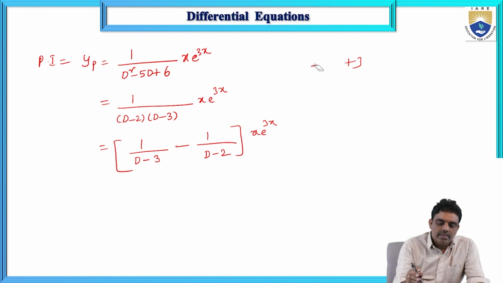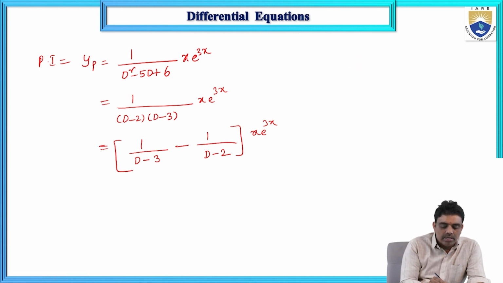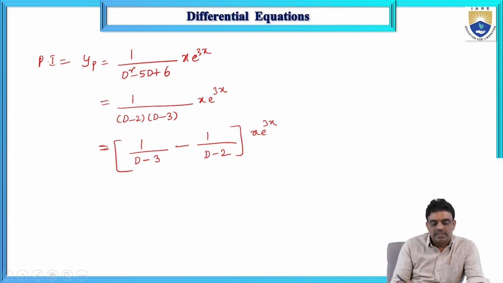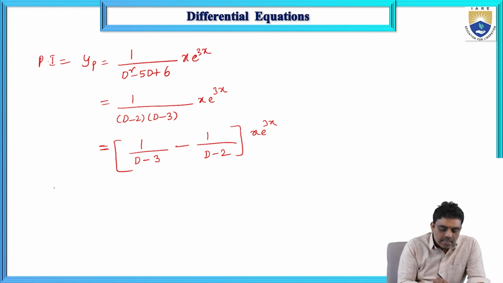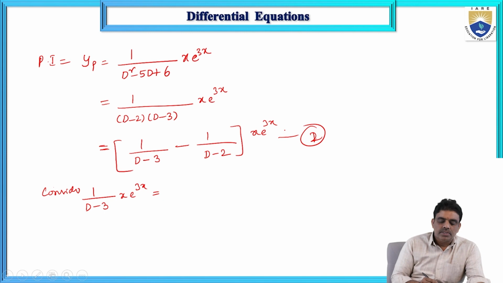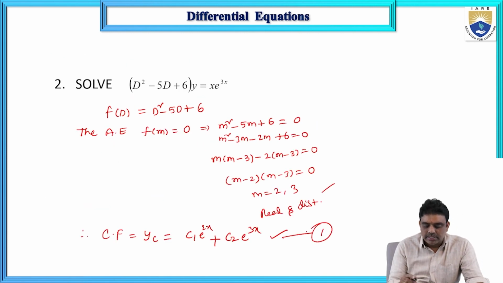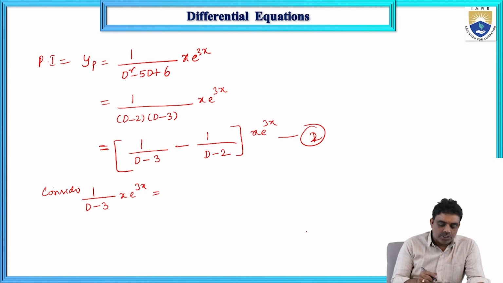So clearly this is the correct resolving of the partial fractions. So now consider 1 by d minus 3 of x e power 3x. Call this equation number 2, and the original one, the complementary function, call this equation 1.